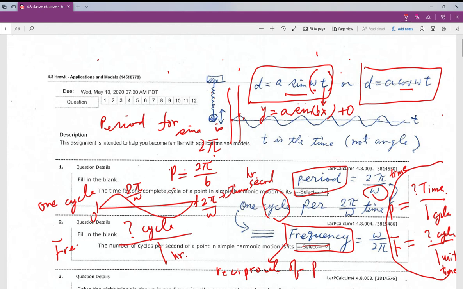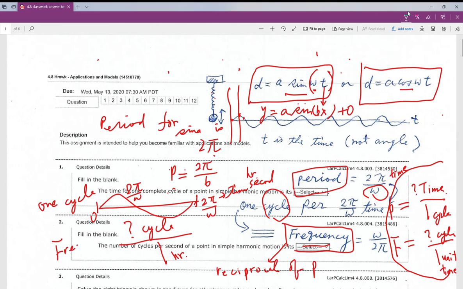So just turn the numerator and the denominator upside down. Then you find the frequency. Okay. So let me erase all the marks here. Probably not erase. I would like to save all the marks here because probably you want to study later.